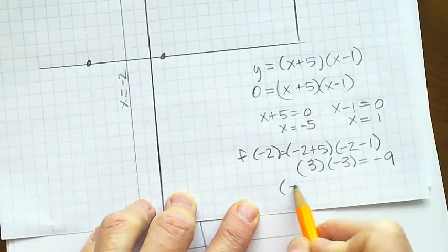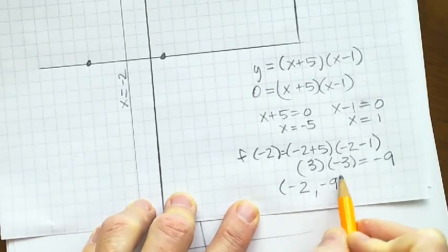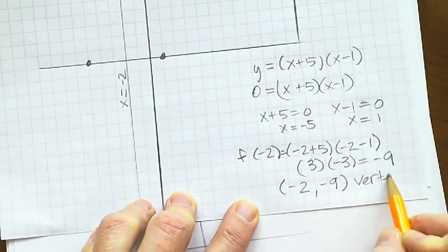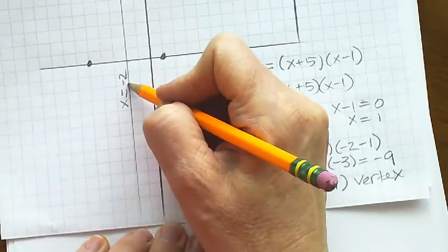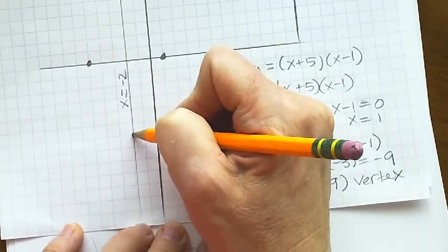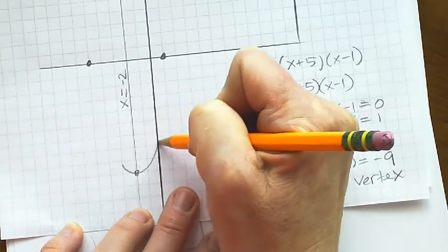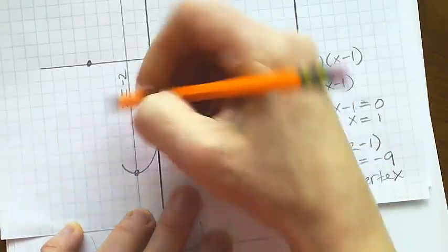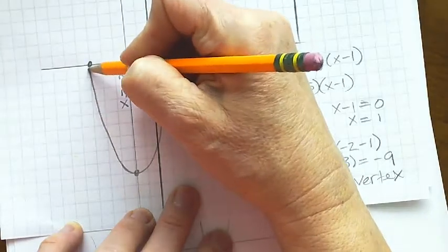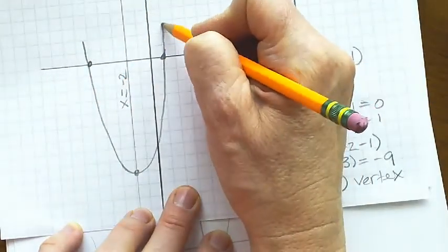So I have negative 2, negative 9 is the vertex. Okay, so then that would look like this.